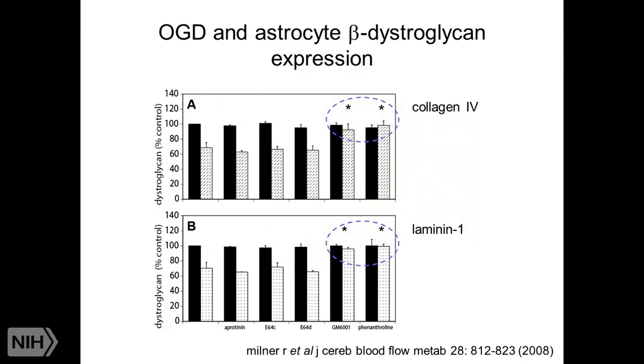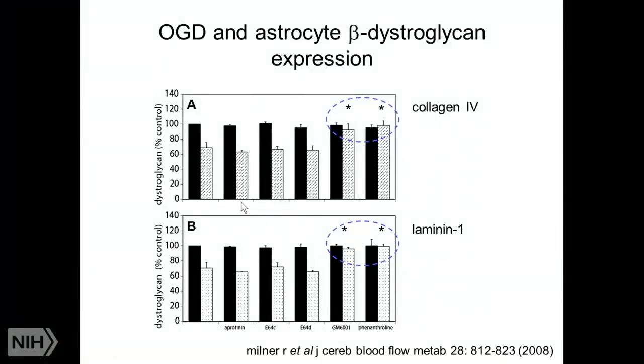This can be mimicked in vitro, using primary mouse astrocytes. This is C57 Black 6. They can be grown on wells or on inserts. And here's an example of an oxygen glucose deprivation experiment in which there's a loss of alpha-beta dystroglycan, in this case beta dystroglycan, which is not affected by inhibitors of proteases, including aprotinin and the cathepsin L inhibitors, but is affected, in fact preserved, by inhibitors of MMPs.